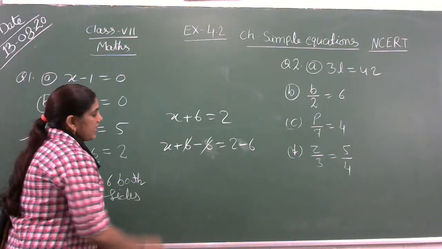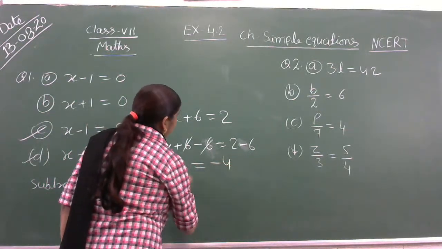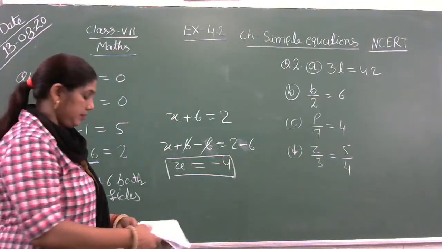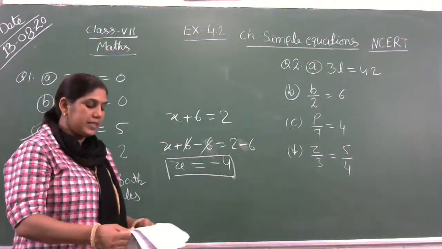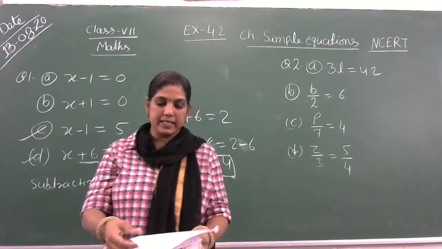Plus 6 and minus 6 cancel, and x equals minus 4. This is your answer. The remaining parts, similarly you will solve them. Given for practice.